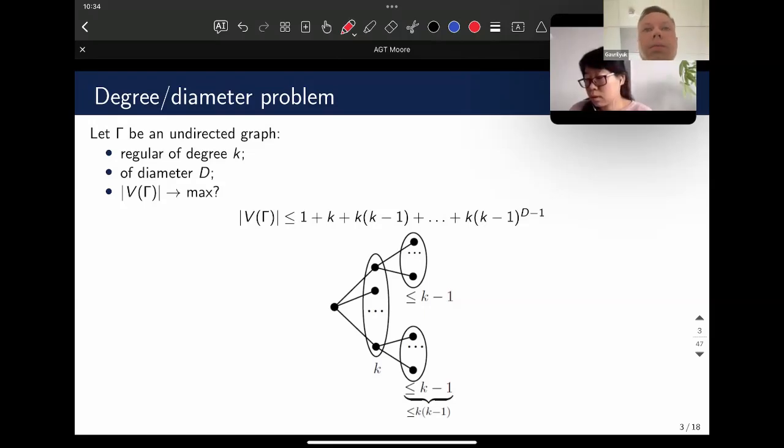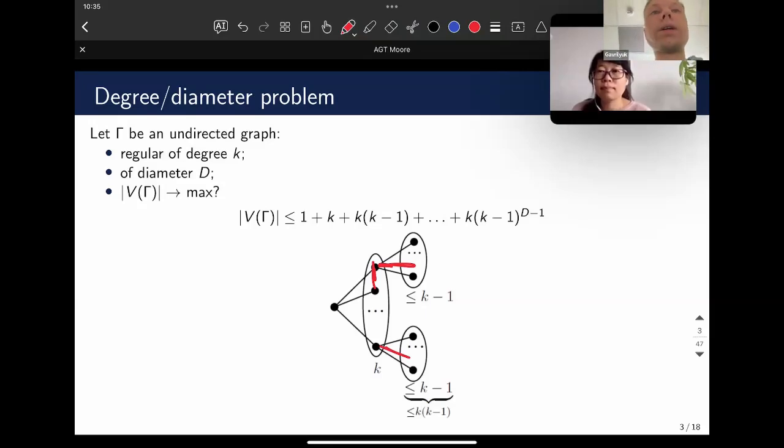If we pick any vertex and consider the distance partition of this graph with respect to this vertex, it should look like a tree. All the edges of this graph must be between the corresponding parts of this distance partition, maybe except for the last part. Because if we have any edges inside these layers, then they will not produce any new vertices.